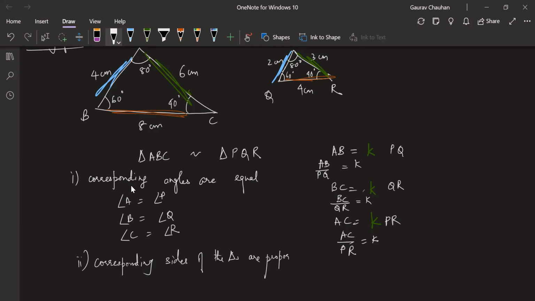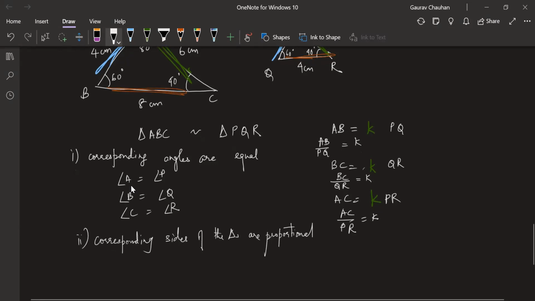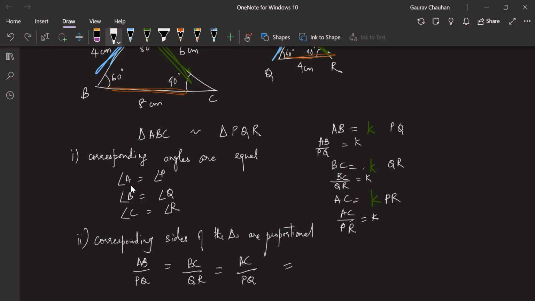We say corresponding sides are proportional, basically they're in the same proportion. And how do we write it? We write it like this: AB by PQ is the same as BC by QR, and if I were to do AC by PR, I'm going to get the same ratio.